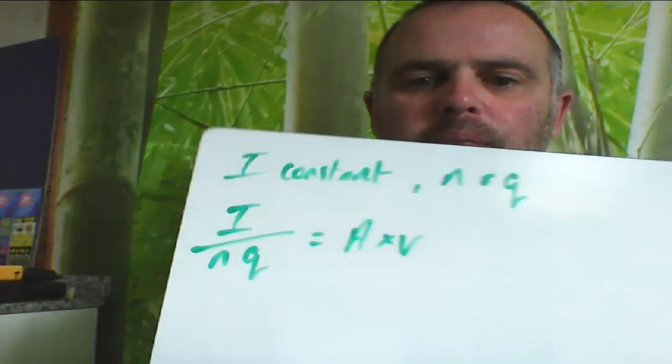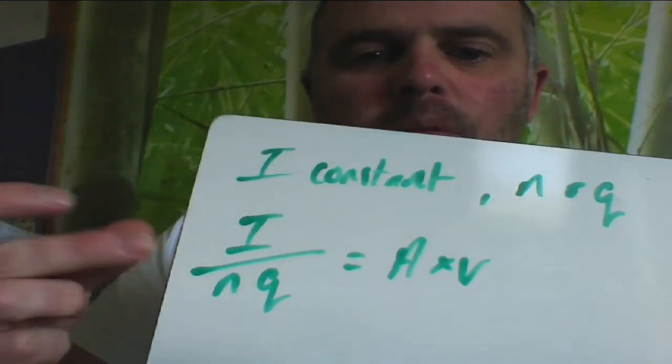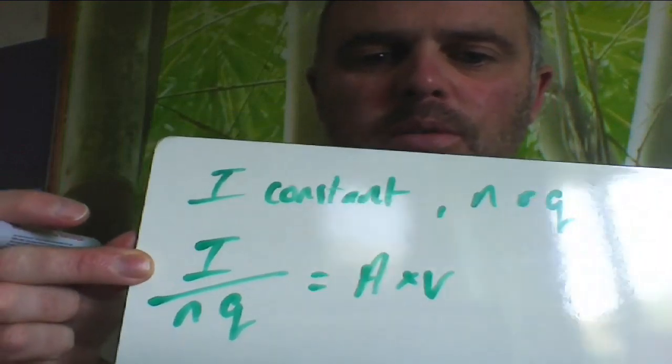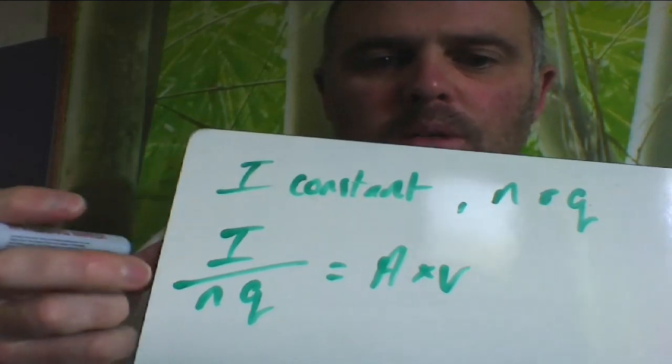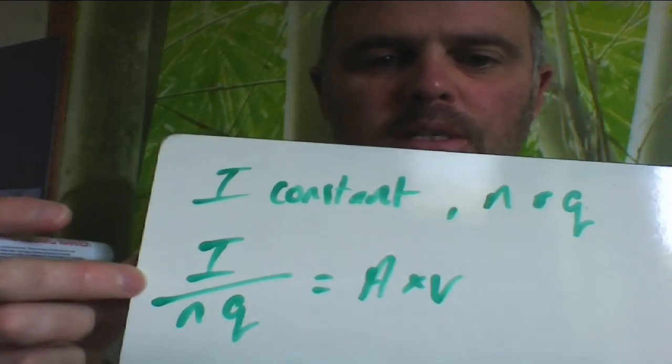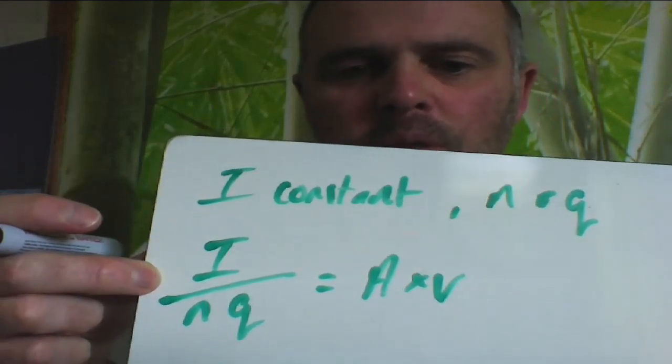So I, N and Q are all going to be constants. So if I rearrange the equation, I divided by NQ is going to be A times V. Now, this side of the equation, all of this is constant. Okay, so that's going to be all these three. The product of this is going to be the same before as it is afterwards.